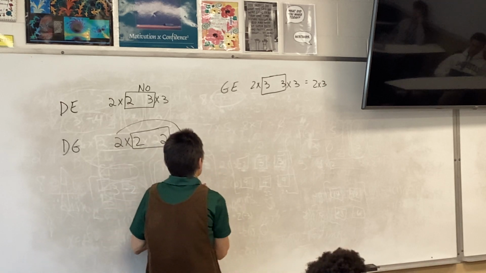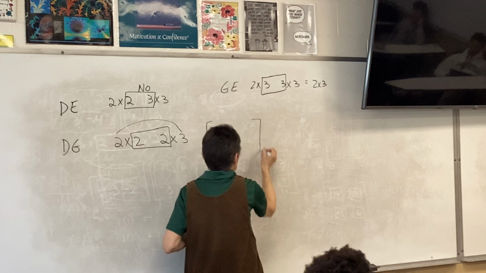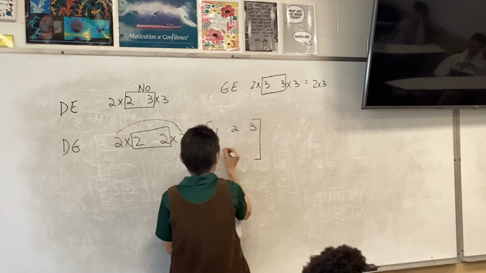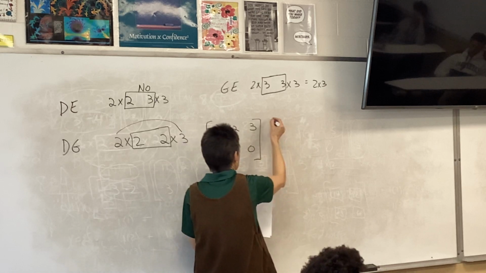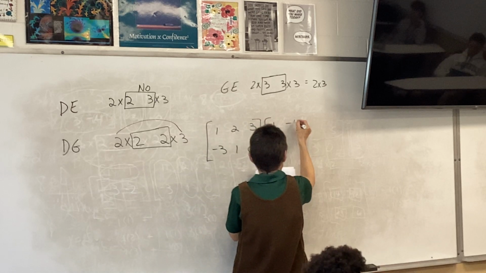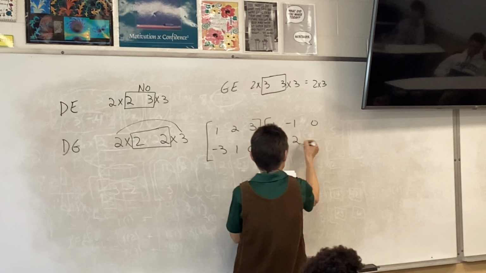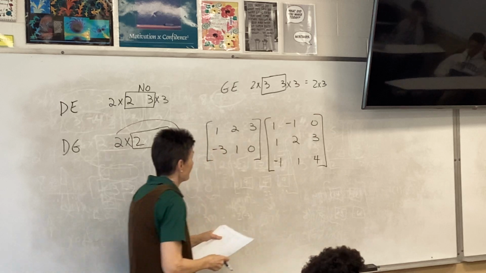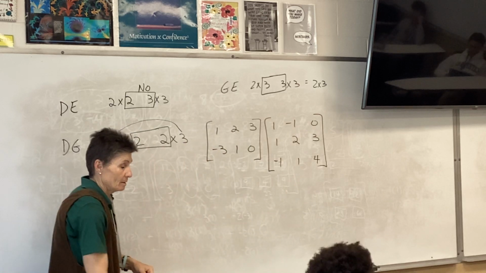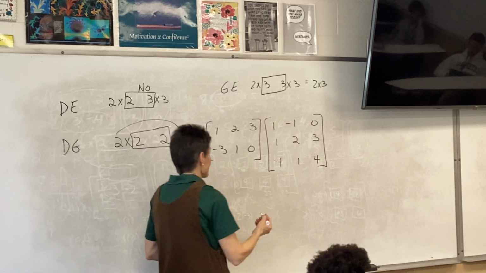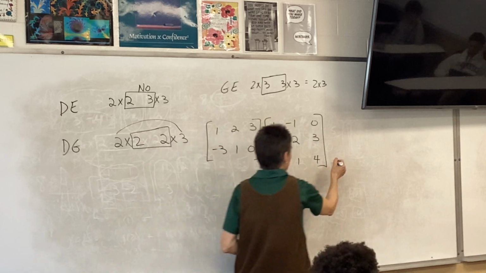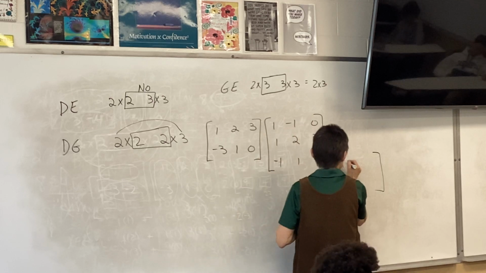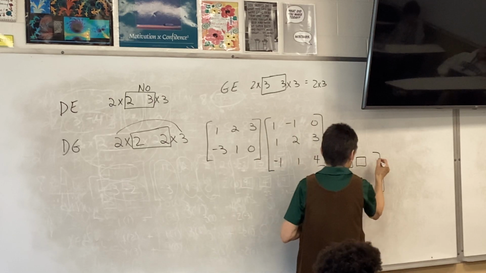All right, so what's G? G is and E. Okay, there we are. So we said our answer was going to be a 2 by 3, so I'm going to have these blanks to throw in.